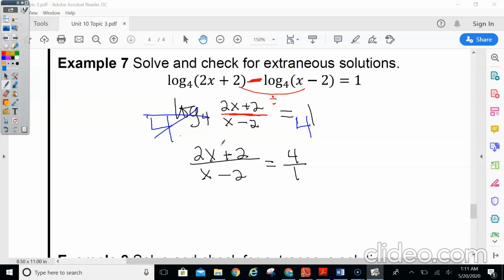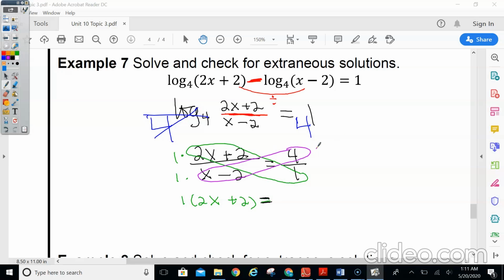Because in order for me to solve this, I have to do cross multiplying, multiply by opposite denominators. So I'm going to take 1 and multiply it by this side, which is technically multiplying both of these by 1. But 1 times this stuff is just going to be this side, so this side's not going to change. But on the other side, I take this denominator and multiply it by this side.